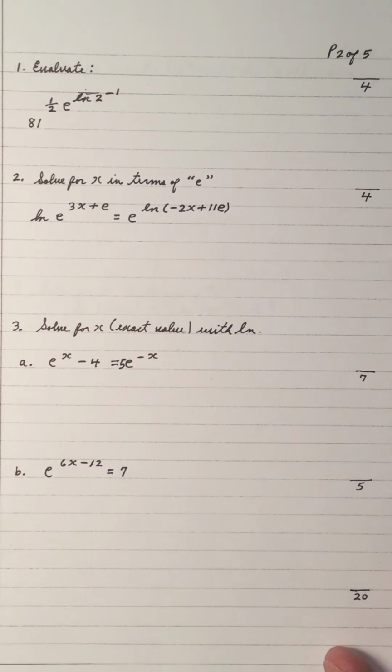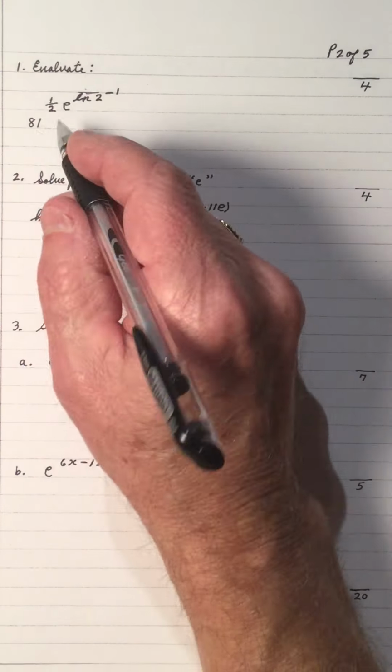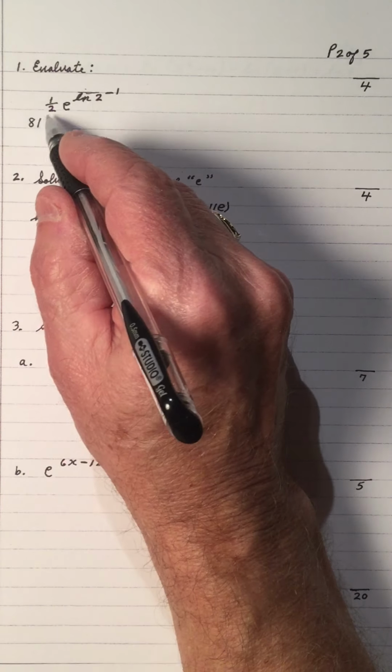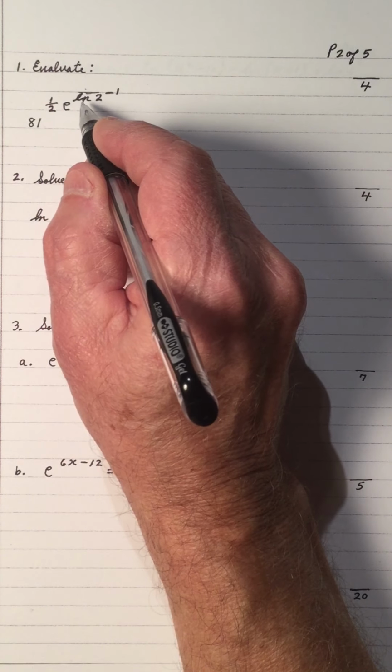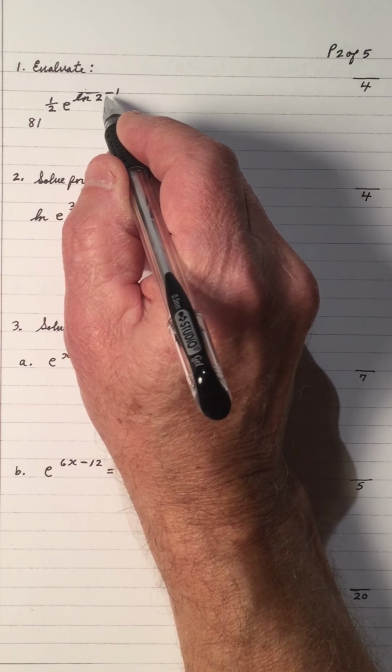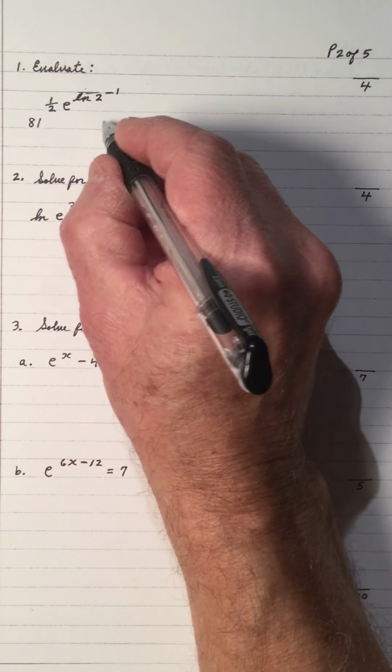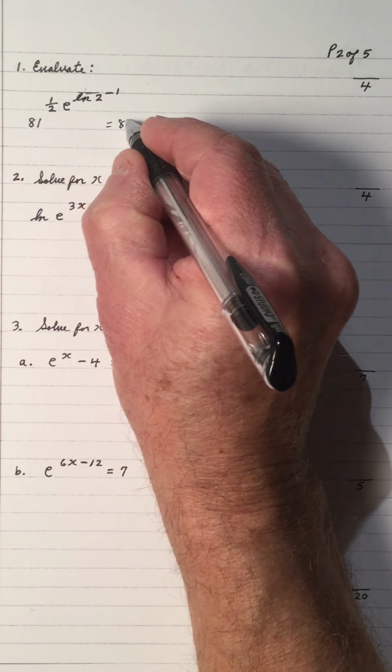Number 1, evaluate 81 to the power of 1/2 e ln 2 raised to the -1. So let's do the exponent.